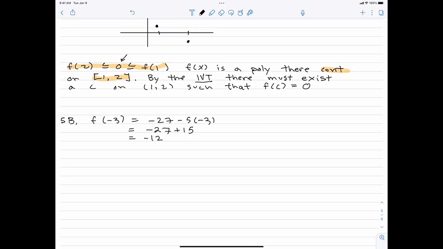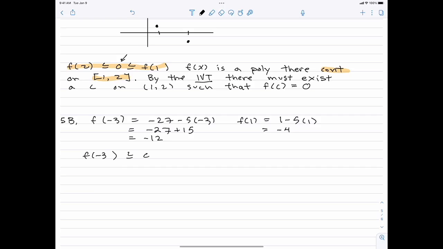Okay, what is f of 1? Well, f of 1 in this case is 1 minus 5 times 1, so it is 1 minus 5, which is negative 4. Notice, I'm going to be able to make a conclusion right here. I'm looking to see, is there an x-intercept in this interval? Well, I think you guys would agree this is false, right?